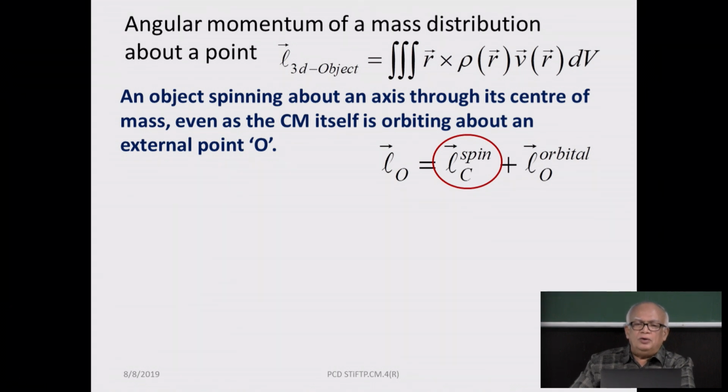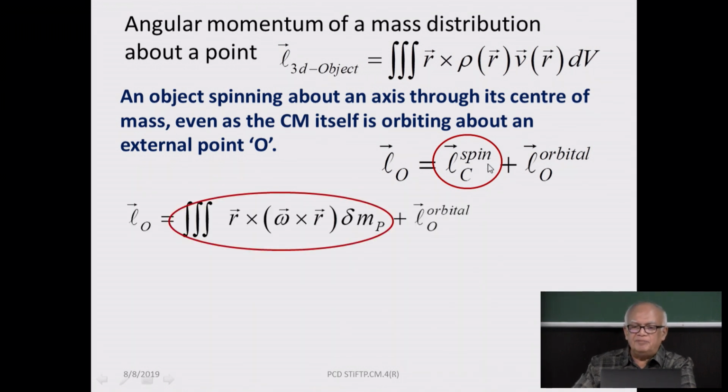So now you can split this total angular momentum in these two components, the orbital angular momentum and the spin angular momentum. Okay. And if you look at the spin angular momentum, you have this r cross v, from which you will get this r cross omega cross r. So this is the spin angular momentum.